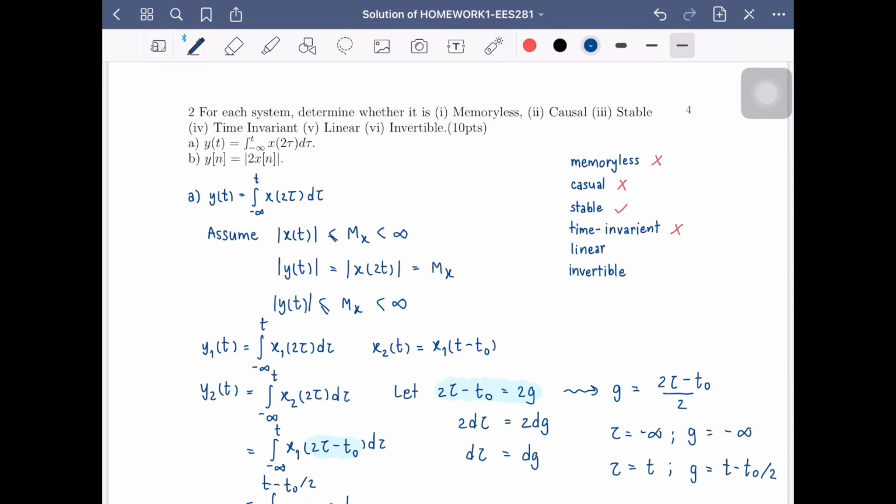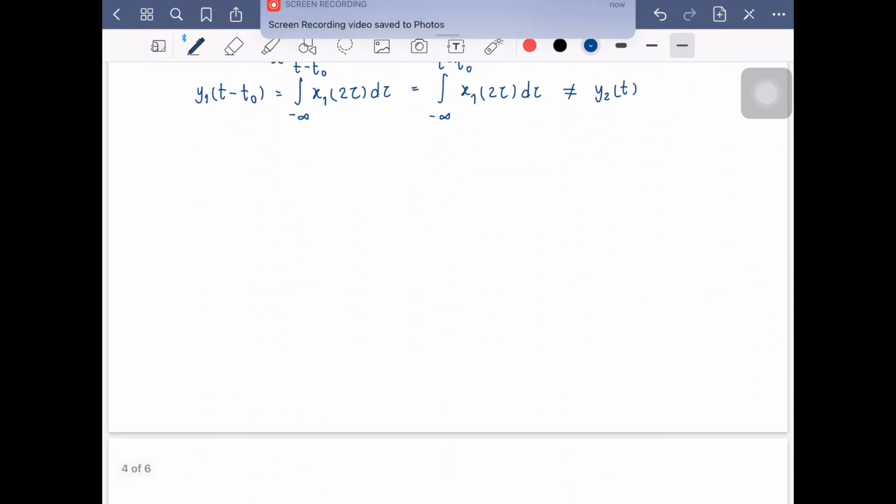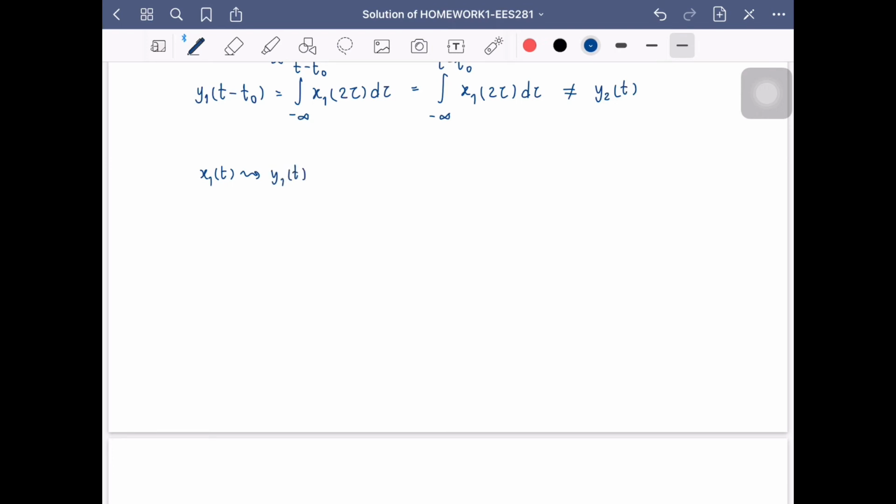Then we check the linearity of this signal. For linearity, we define x1(t) gives the output y1(t) equal to the integral from minus infinity to t of x1(2 tau) d tau, and x2 gives y2 equal to the integral from minus infinity to t of x2(2 tau) d tau.